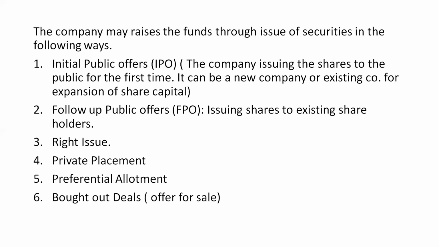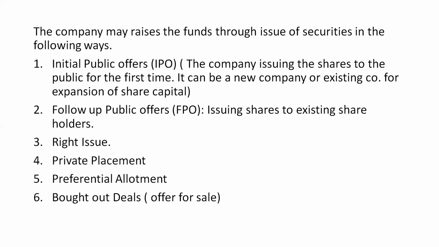Suppose, for example, a pharmacy company like Ipca Laboratories wanted an expansion of their pharmacy business and needs 10 crores of capital. It issues the 10 crores of capital not in the open public but to a private placement, to underwriters like insurance companies, ICICI Prudential Insurance Company, or State Bank of India.